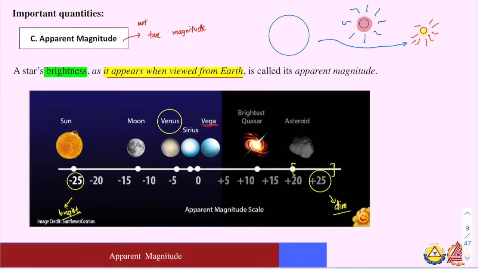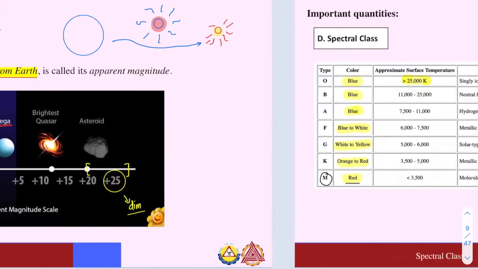The asteroid here in the interval 20 to 25 has an apparent magnitude of positive 25, and you can't see that with your naked eye because that's very dim already. Even your brightest quasar is already plus 10, because they appear very dim on Earth since they are also very far.